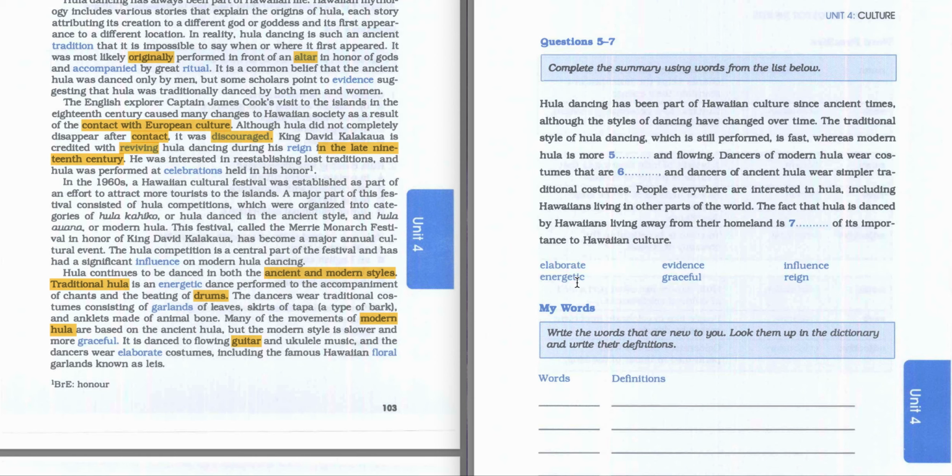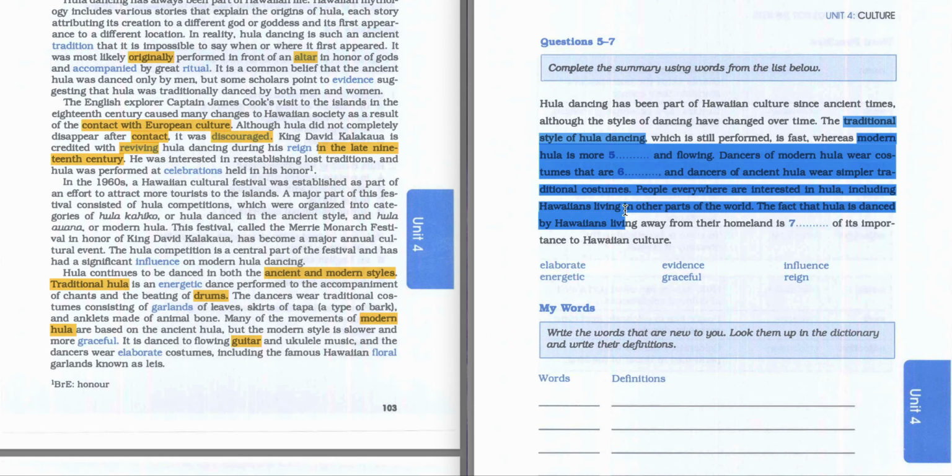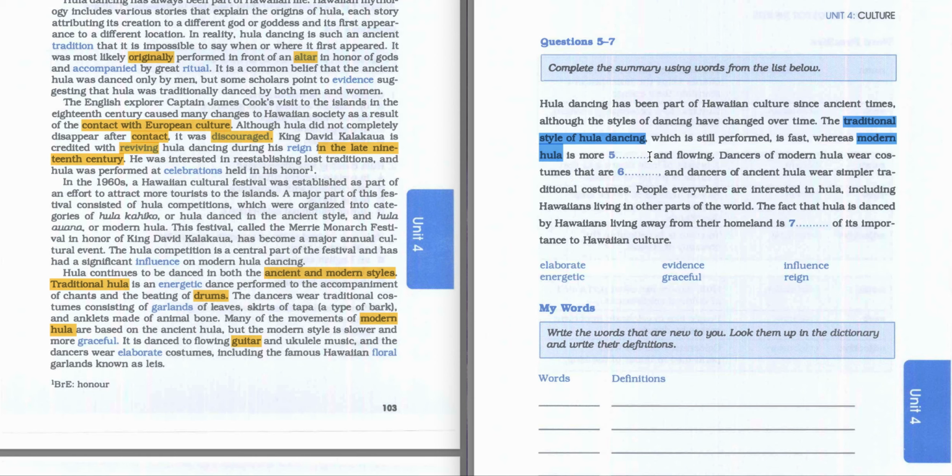Below the text we have options, and we have the missing words here. So let's highlight keywords. About the traditional style of hula dancing, whereas modern hula is more something and flowing.